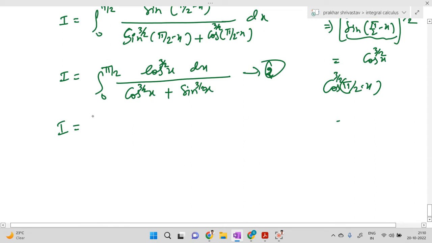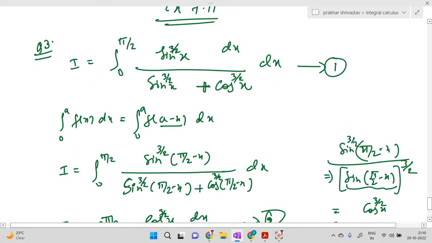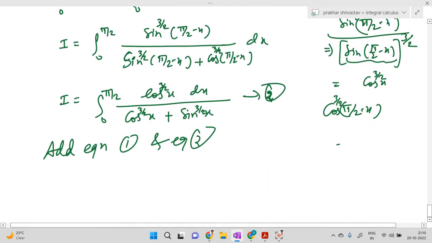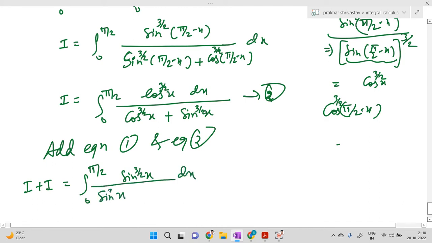We will add equation 1 and equation 2. Equation 1 says I equals the integral 0 to pi by 2 of sin x to the power of 3 by 2 dx upon sin x to the power of 3 by 2 plus cos x to the power of 3 by 2.